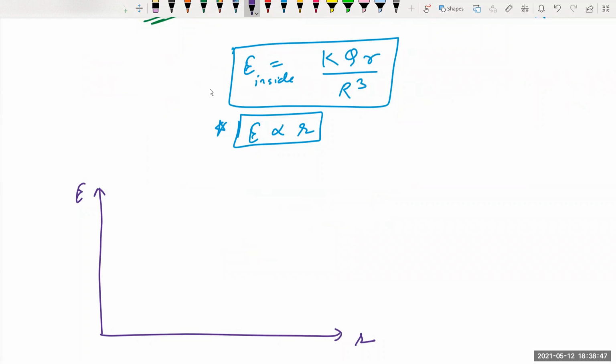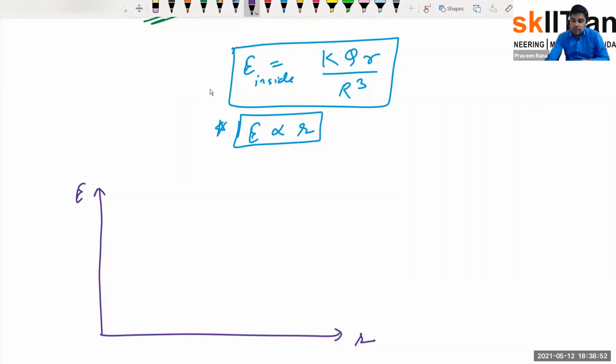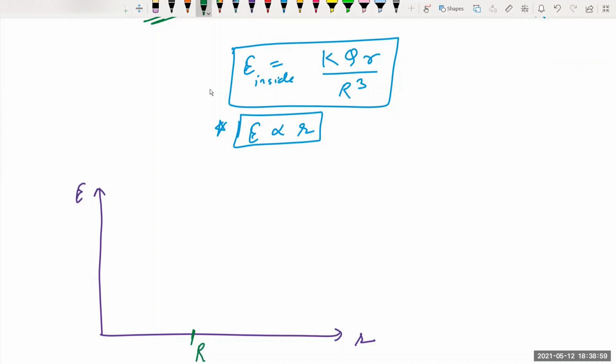Would it just be a linear graph? First of all, for spherical charges, the graph changes at the radius, right? Now, please draw it. I drew it.